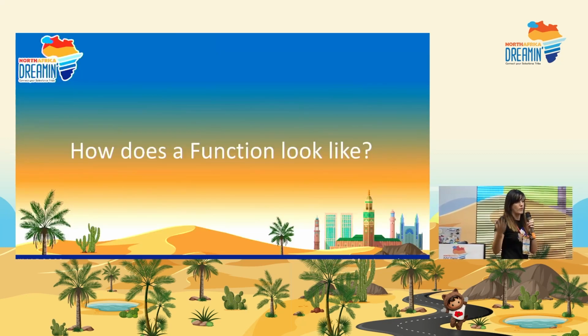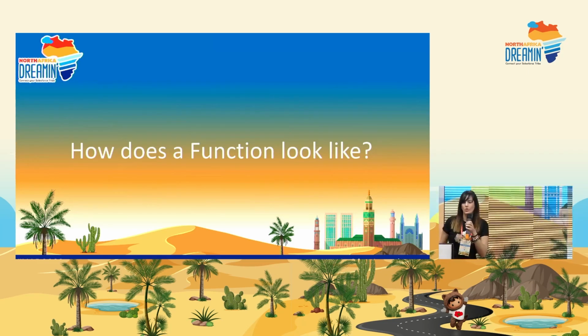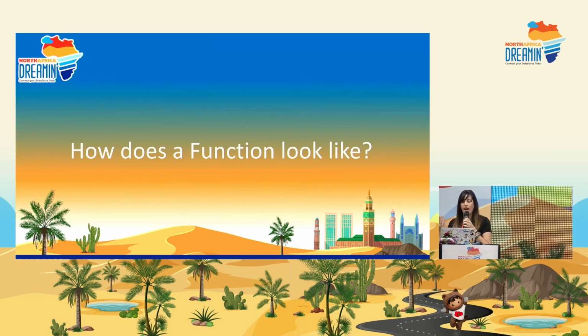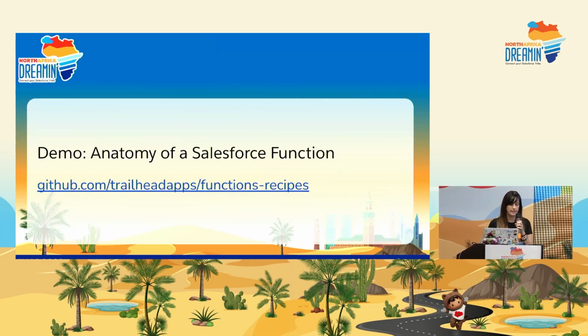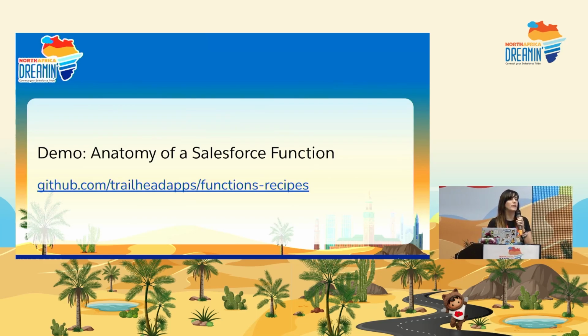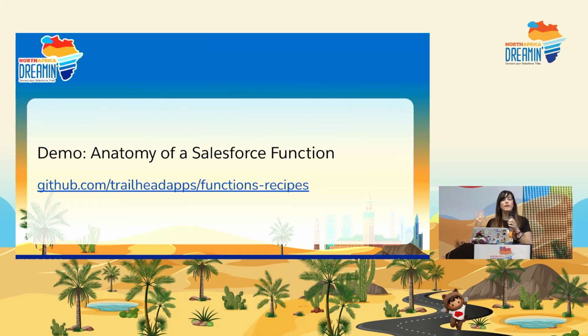Okay, so I've shown you a lot of slides, but how does a function look? For that, of course, we are going to take a look at some code. There is a sample app called Functions Recipes that has some examples implemented for functions both in Java and JavaScript. I recommend you go there and take a look.